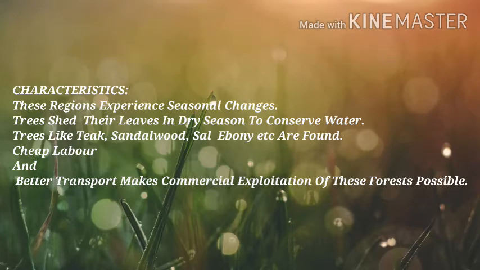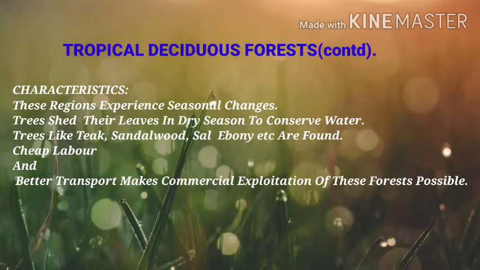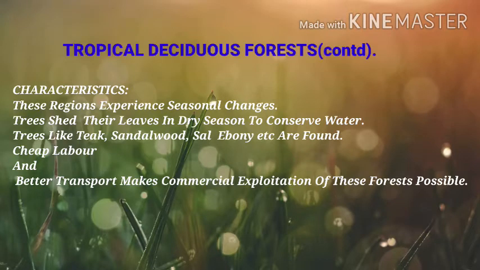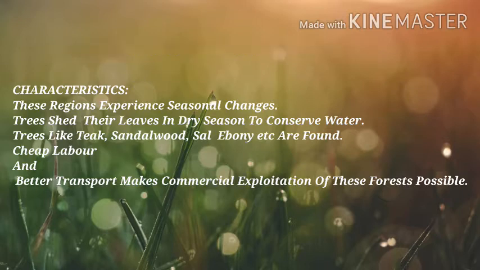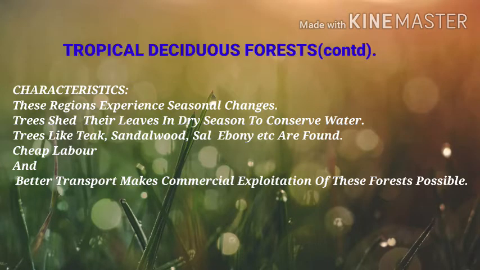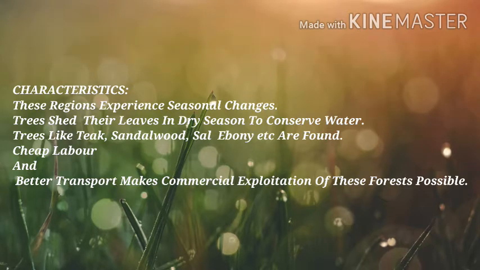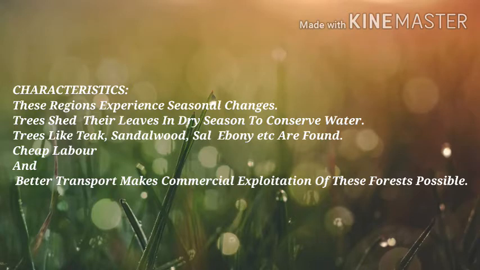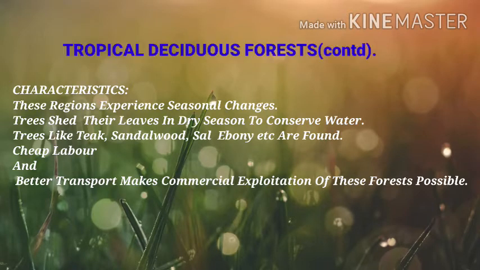The forests are not very dense. Also, they have thick undergrowth. Not only this, cheap labor and better transport, mainly by floating logs down the river, are the advantages here which make the commercial exploitation of these forests possible.